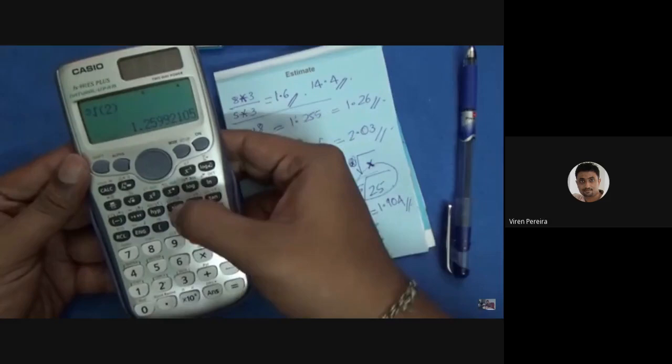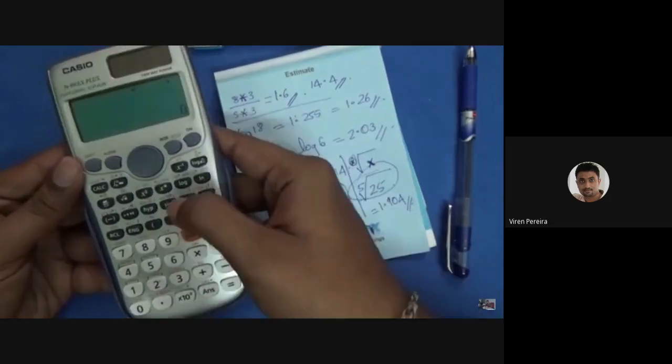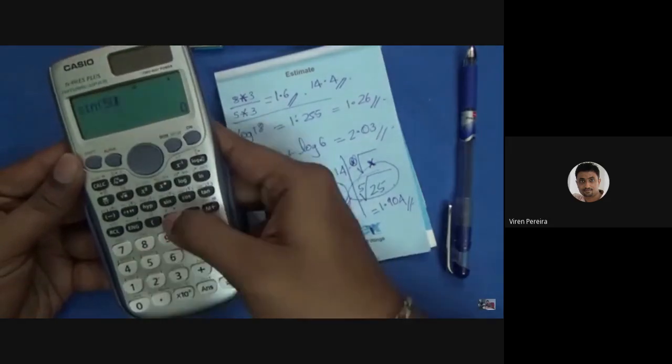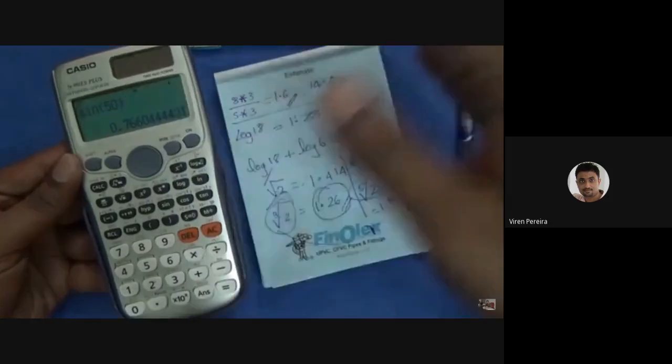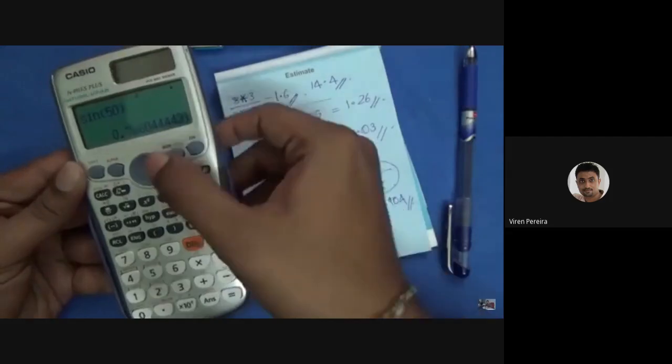Then you have your sine, cos and tan. Say if I have sine 50, I have to press sine 50 close bracket. So I'll get the value of sine. I can even do sine into cos 50. I'll just go to replay.